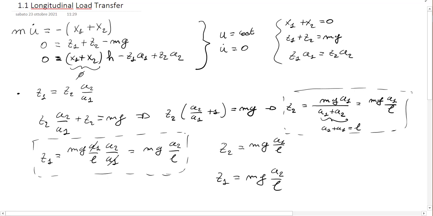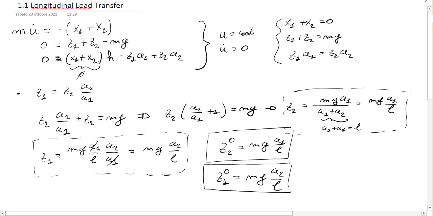So when the car is not decelerating or accelerating, we have a constant force. Let's call these Z1 0 and Z2 0. Okay, they are static loads.